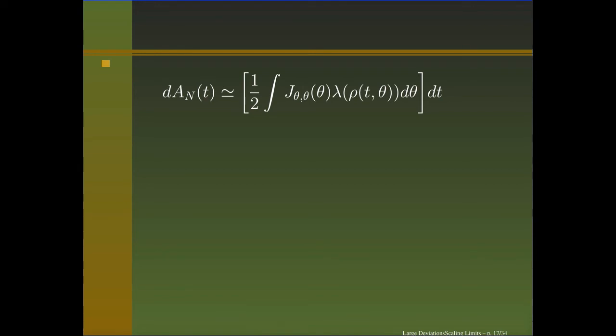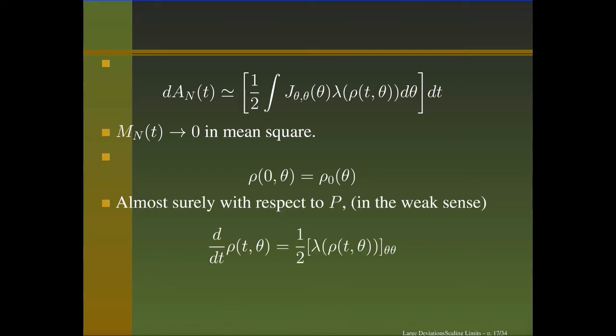So if you assume that initially you have a macroscopic state defined by rho naught, then almost surely with respect to P, in a weak sense, we have a solution of this equation in the integrated form.